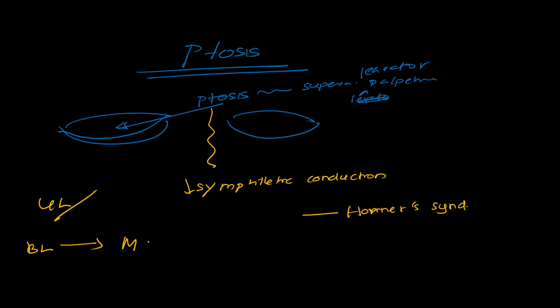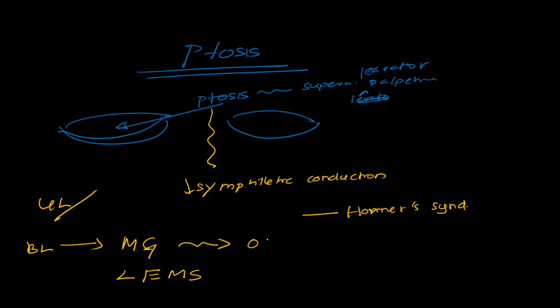What are those? It could be myasthenia gravis, or Lambert-Eaton myasthenia. These are myasthenia syndromes. What is myasthenia gravis? There are two types: ocular myasthenia gravis and systemic myasthenia gravis.